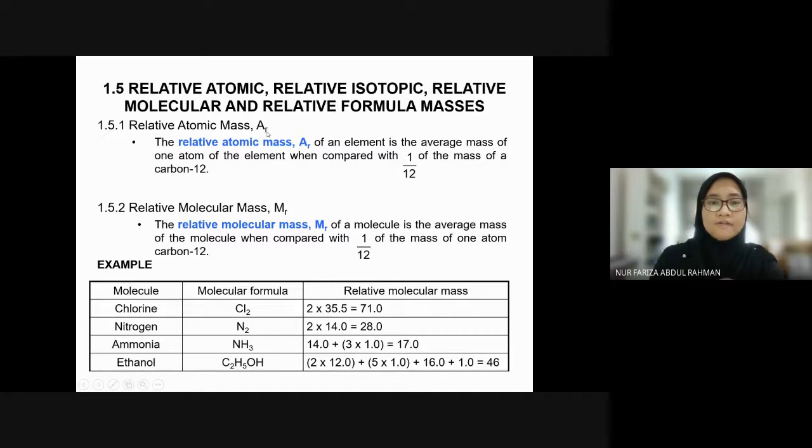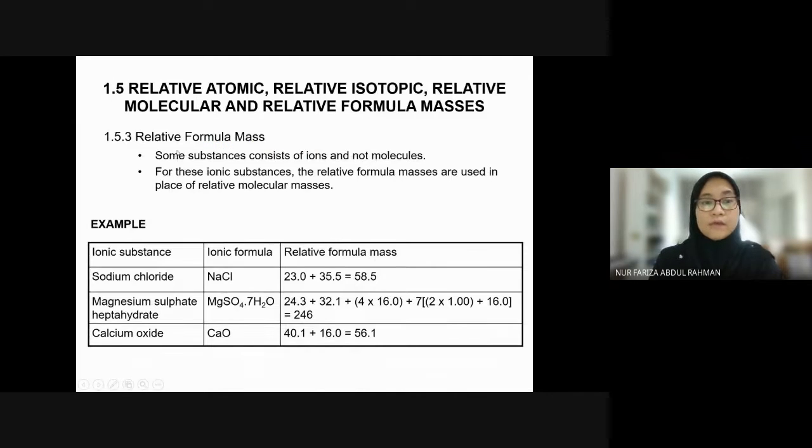R stands for relative, A stands for atomic. Besides relative atomic mass, we also have relative molecular mass, and also we have relative formula mass. So we have 3 terms here. What are the differences between these 3 terms?